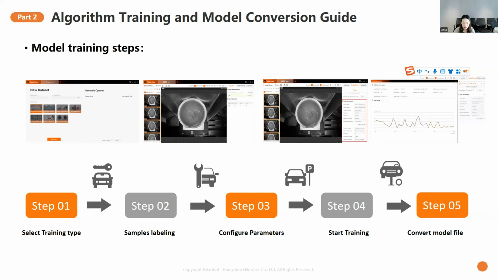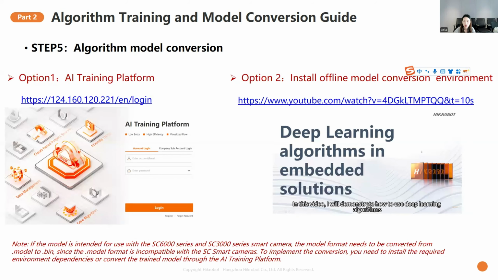However, if the model you train is intended to run on Vision Master software, the model generated by Vision Train can be used directly in Vision Master, because Vision Master is also based on Windows. This model conversion is a necessary step for smart cameras.